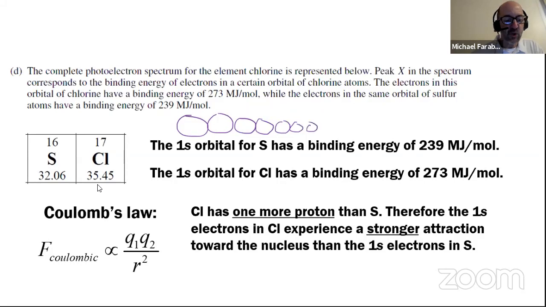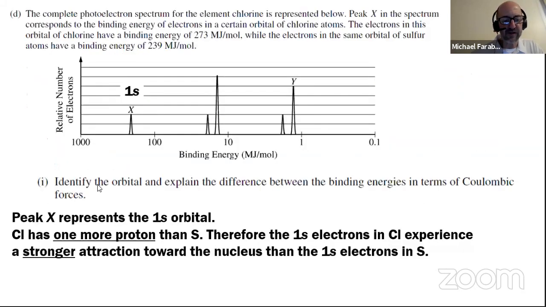So again, you could say nuclear charge or simply more protons. So the peak X is the 1s orbital. And because chlorine has one more proton than sulfur, the 1s electrons in chlorine experience a stronger attraction. Okay, so we have explained the difference.